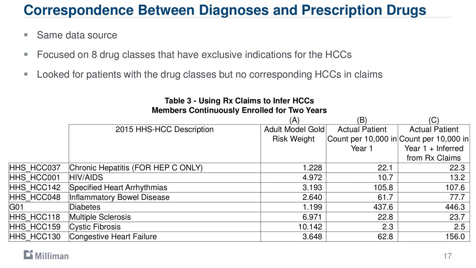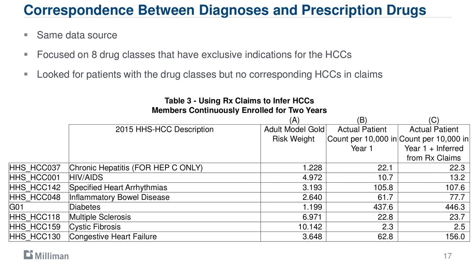What are the conditions that seem to have this kind of one-to-one inference or correspondence between prescription drugs and diagnoses? So we actually look at these 8 drug classes. There are specific drugs for hepatitis C, specific ones for HIV/AIDS, and for diabetes, and so on and so forth. You can look up any drug database, and you'll be able to find these drug classes fairly easily.